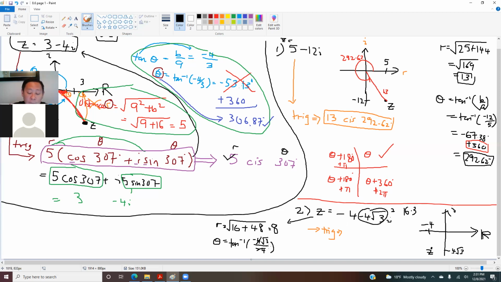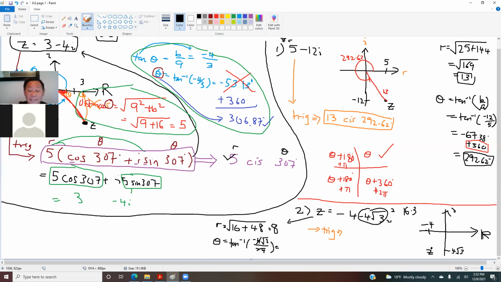Can someone tell me what is the arctangent of root 3 in degrees? Uh, 60, and then you add 180. Yep, 240. Very good.